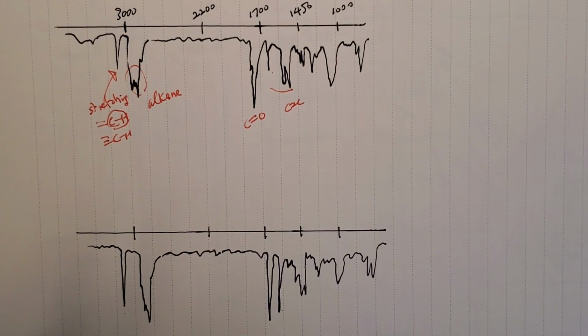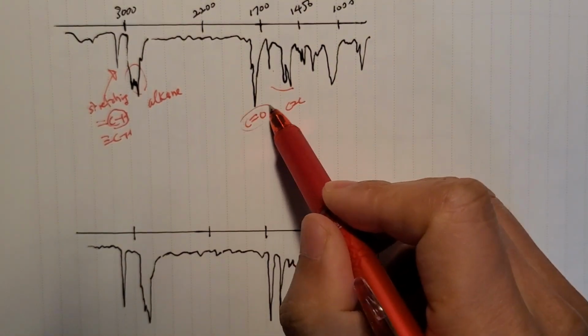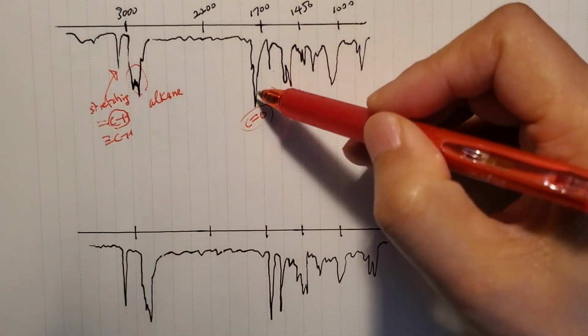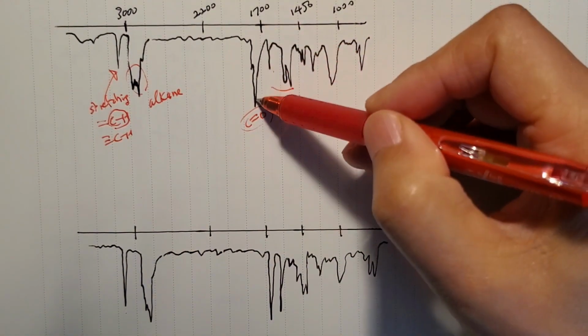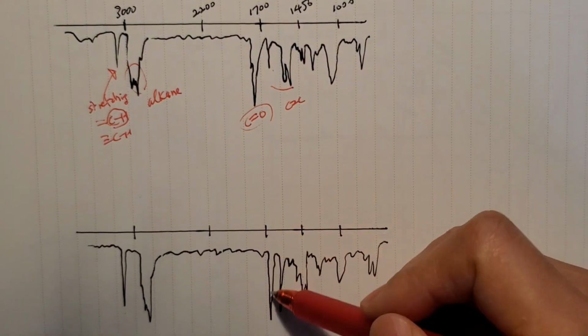So the change of the intensity is telling you that alkene became more polar. And if you pay attention to the number, you also can get some idea, especially the carbonyl group. The carbonyl was over 1700, but now it's below 1700.